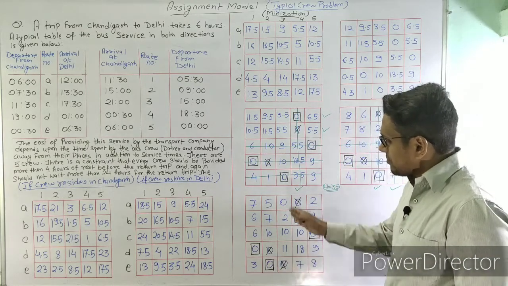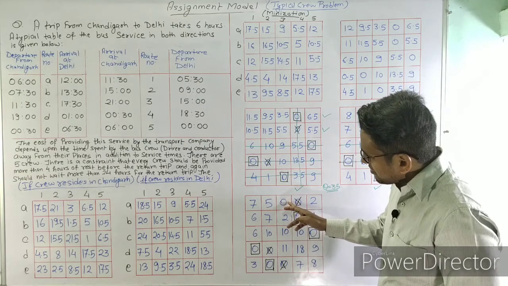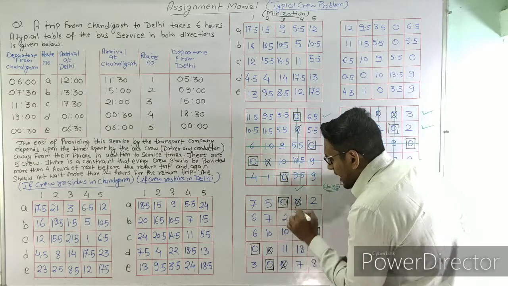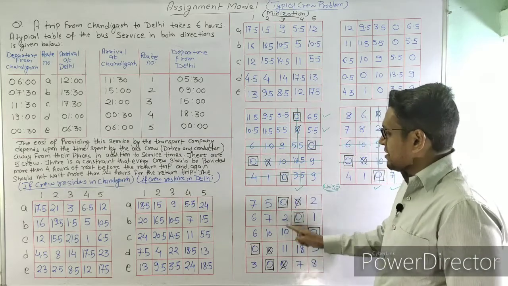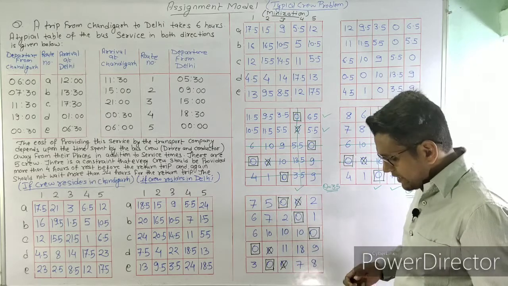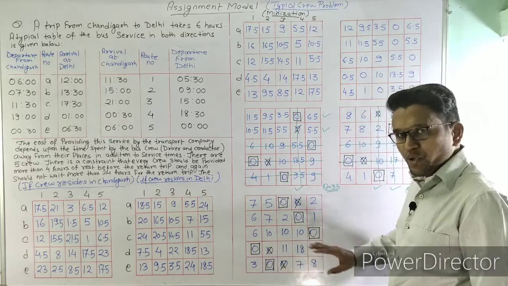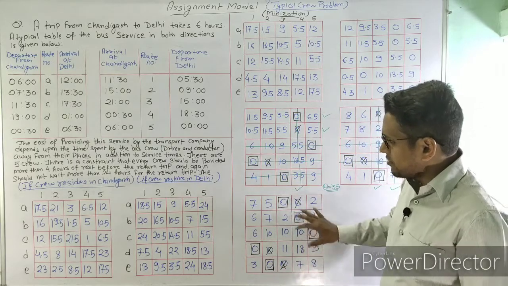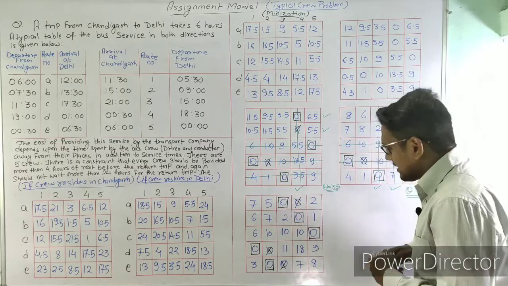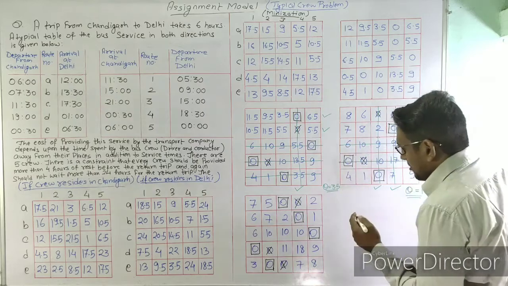Now moving on to column 3, we can see that here one single assignable 0 is present, so we can assign this 0, and once this 0 is assigned, no more assignment can be done in this column and in this row. So as we can see that now we have 5 assignments, and this shows that our solution here is optimal.